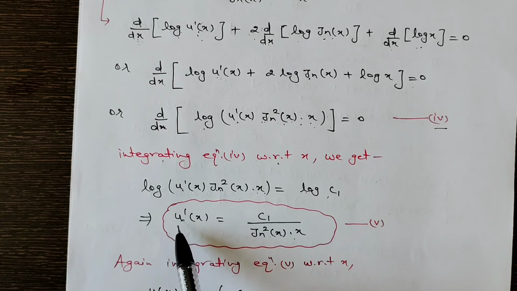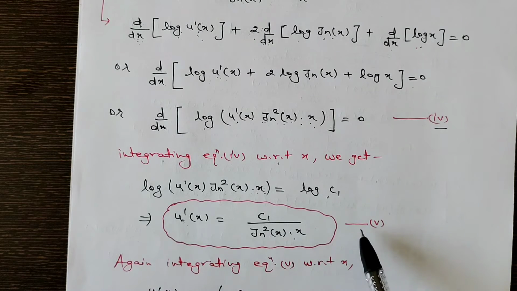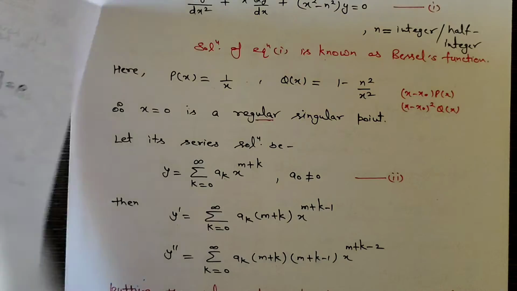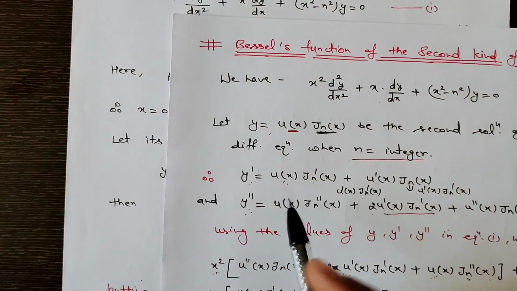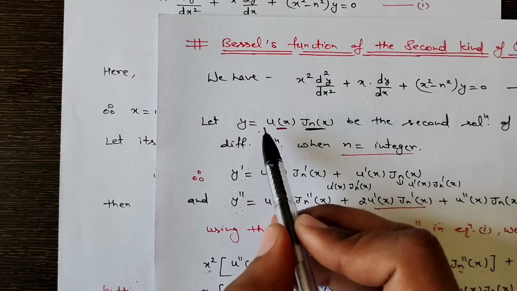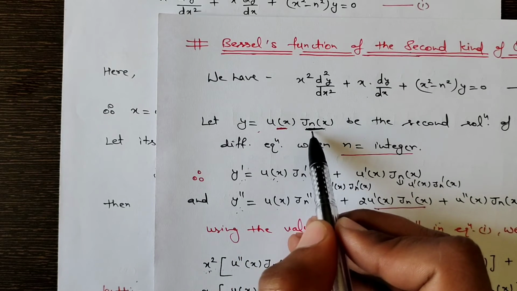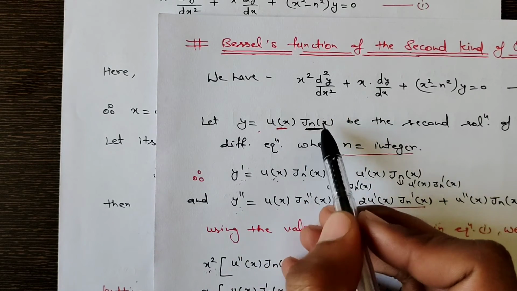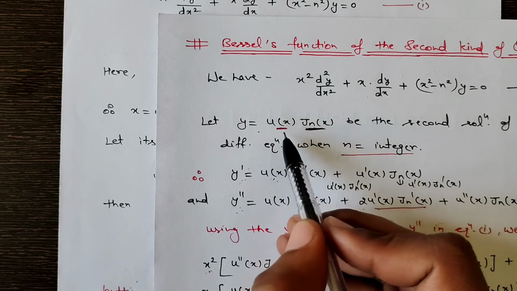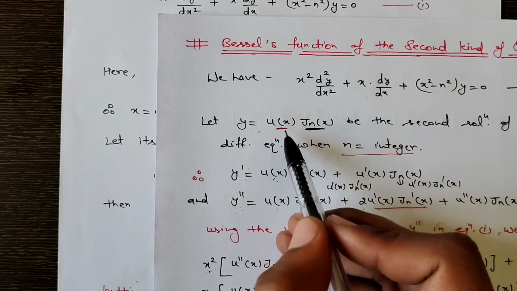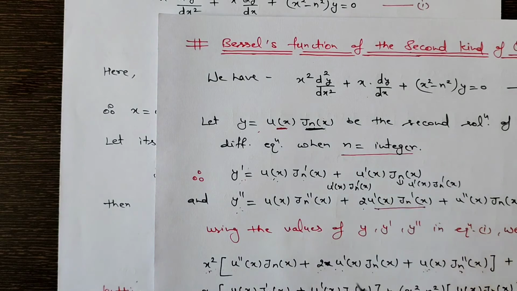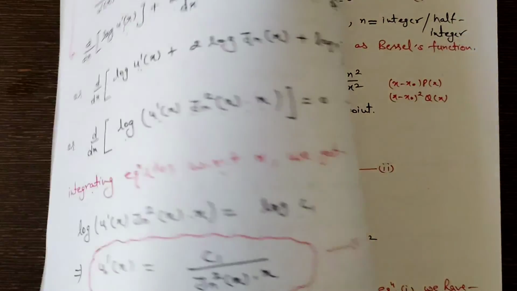So that is the value of u prime x, and we had named this as equation fifth because we are likely to find the second solution of Bessel differential equation, and the solution assumed is of this form, that is y equals to ux into jn x. So jn x is already known to us, and the main task is we have to find the form of ux.